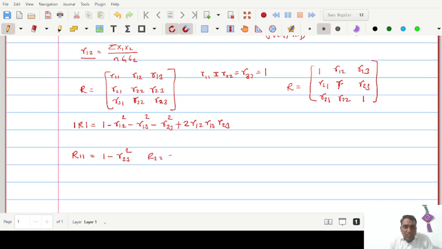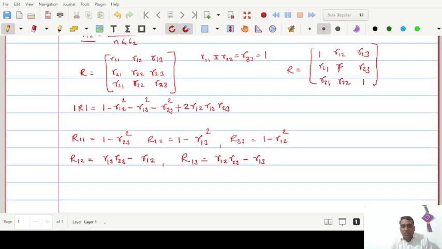Similarly, R22 has the formula 1 minus R13 square, and R33 has the formula 1 minus R12 square. Then to get the cofactor R12, we use the formula R13 R23 minus R12. To get the formula for R13, we use the formula R12 R23 minus R13. So in this way we get all the cofactor terms.